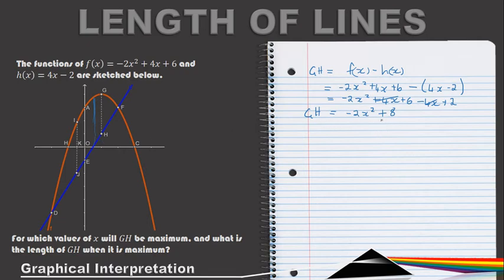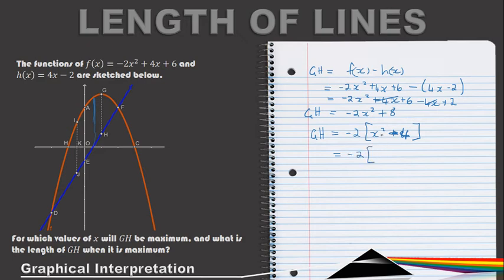As we normally do when we complete the square for quadratic equations, now we're going to say, okay, GH is equal to, so first of all, I need to take out the negative 2. Then I'm left with x squared minus 4 when I take out negative 2.